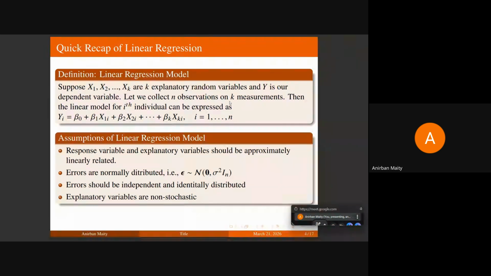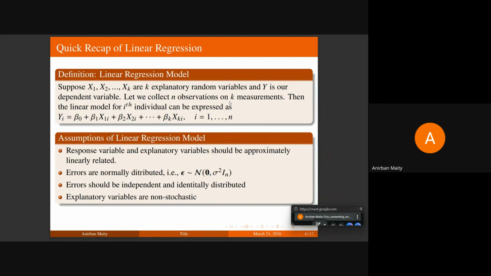If the errors are autocorrelated among themselves, then you cannot use the OLS method to estimate the parameters of the linear regression model. In that case, the variance of the model will drastically increase and your model performance will drastically decrease. Another thing is that explanatory variables are non-stochastic.